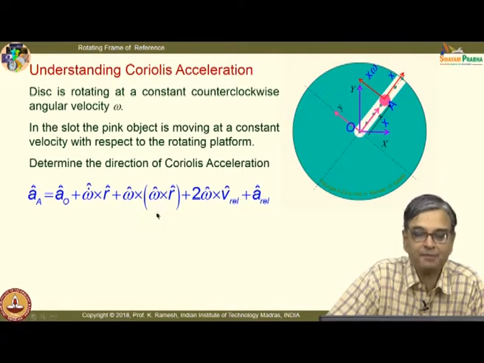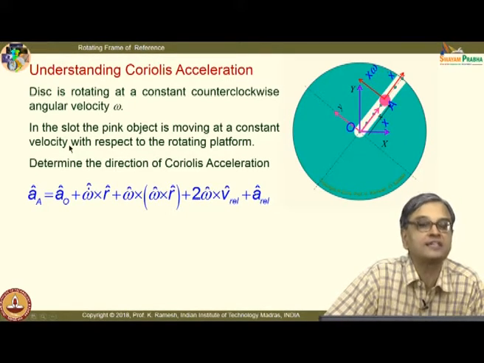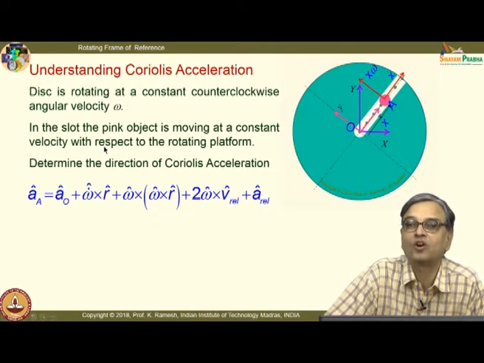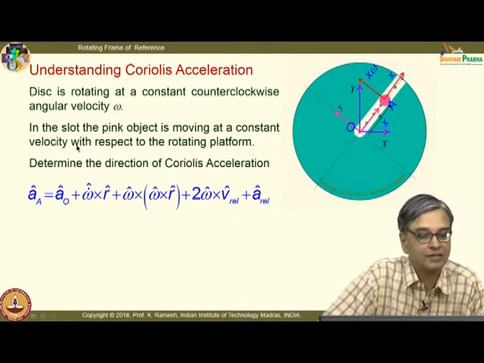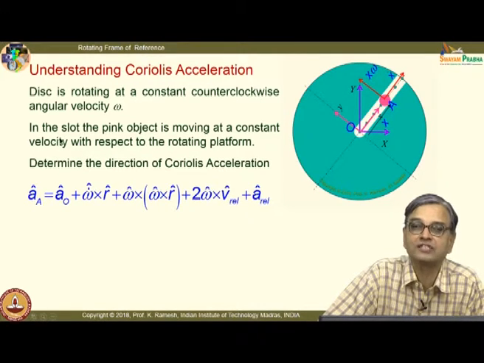I will deliberately make many terms 0 to make our life simple. O is a fixed point, and we have also said that in this slot the pink object is moving at a constant velocity. So, all these terms are very important to interpret. When I say the velocity is constant, I would also have this term knocked off.